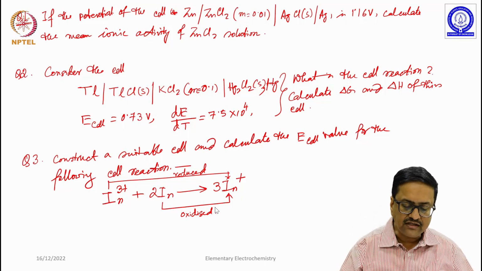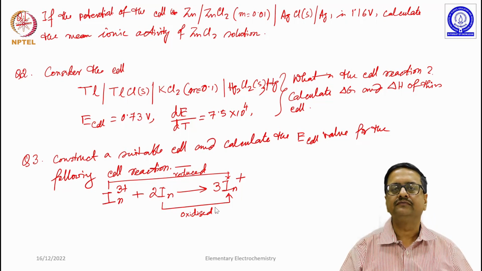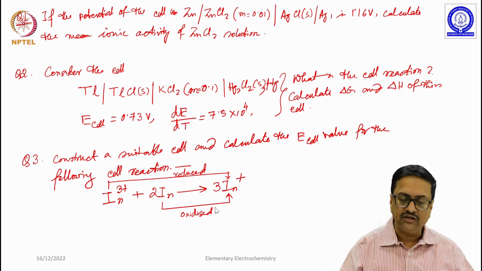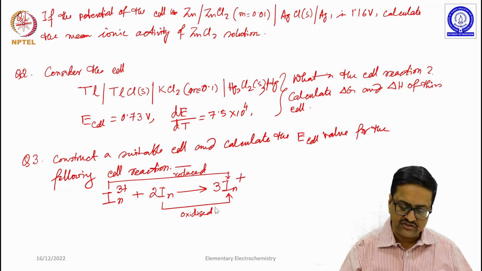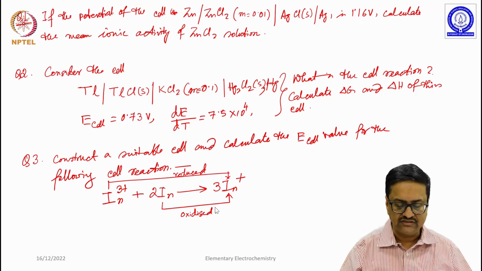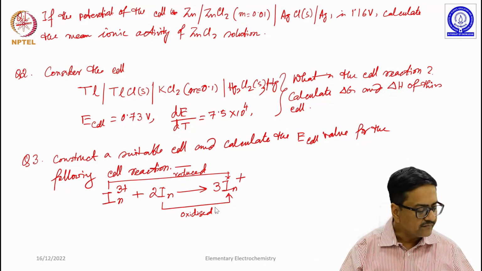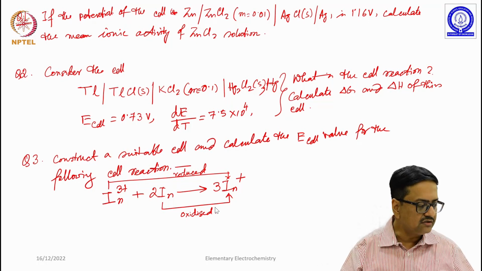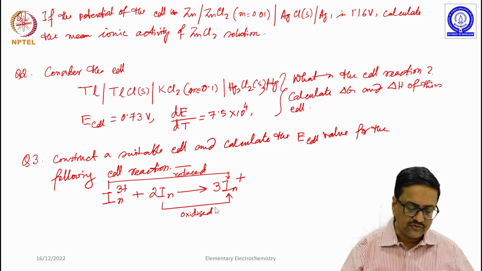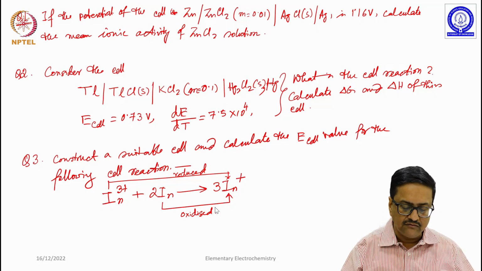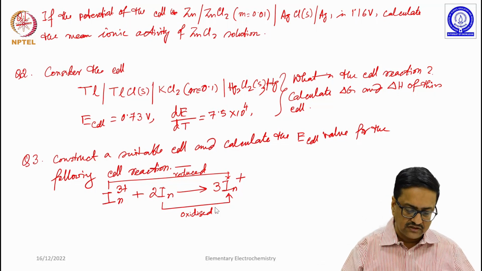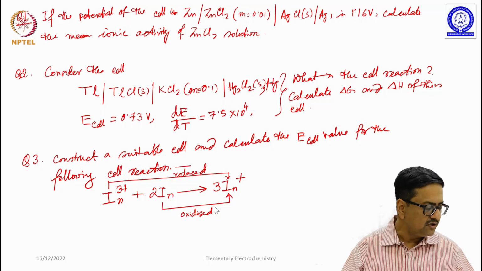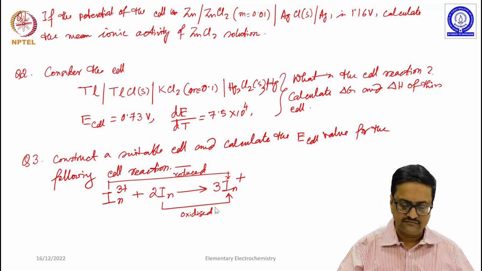So one has to find out the electrode potential of different indium cations with indium 0 and indium cations and another indium cation and so on to do this problem. So you need to find out the standard electrode potentials for various indium related systems from a textbook. So here I leave these 3 problems for you to solve before the next class. Thank you.